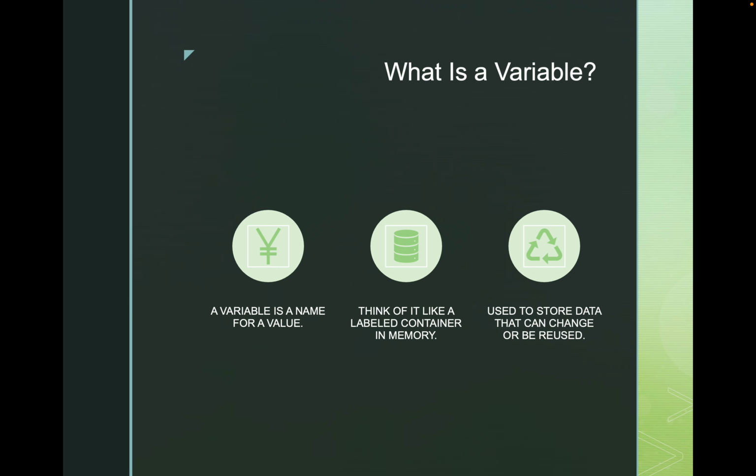So variables come into place at that point, where you can use the name you assigned to that variable anywhere in your code. It will make it look properly formatted, and easy to follow and remember. So that is a variable. All right, let's move on to the next slide.